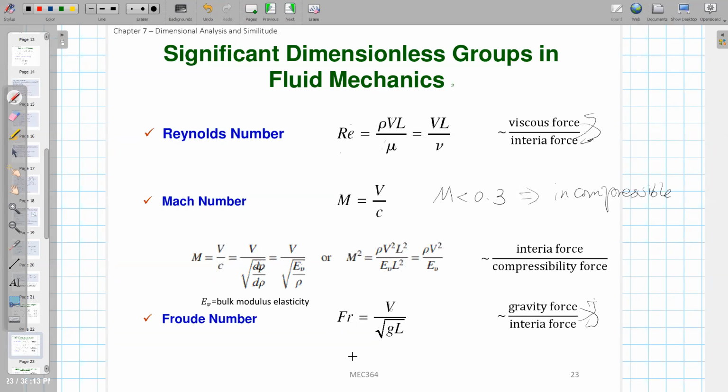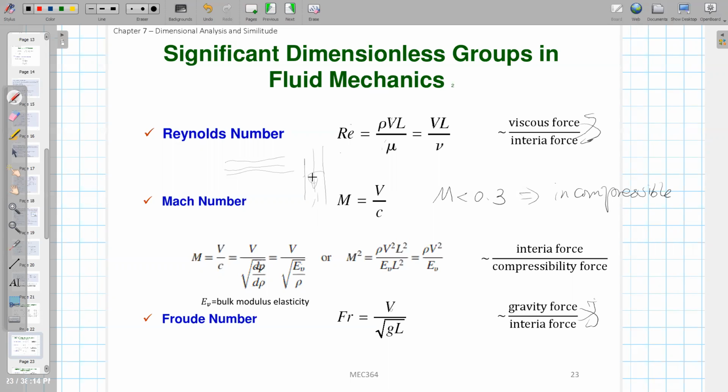Like if you do some experiments, for example, if you study the flow over a horizontal tube, usually this Froude number is not that important. But if you study the flow over a vertical tube, then this Froude number you have to include in your consideration in your experiments, because we know that for the flow in a vertical tube, the gravity definitely will play a role, especially in cases where the tube diameter is large.